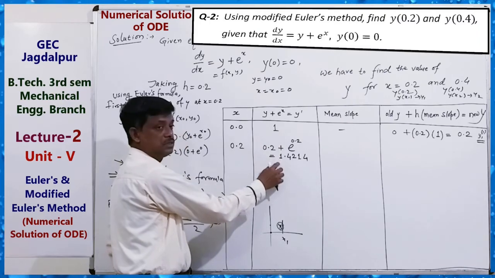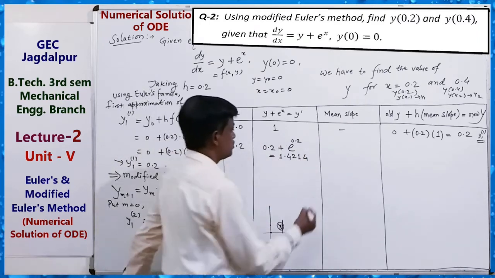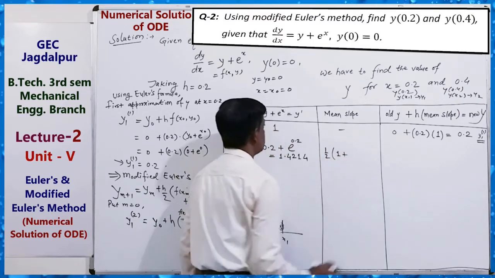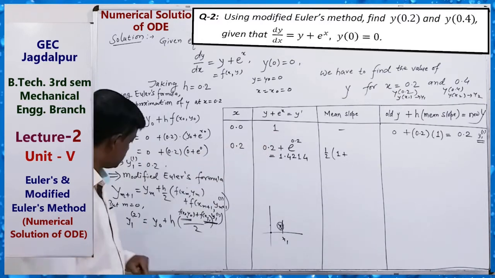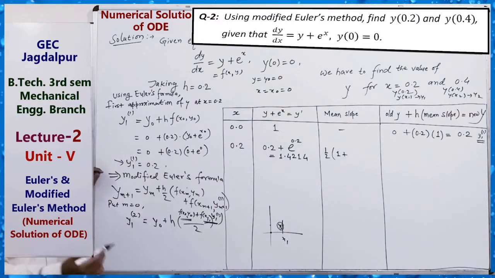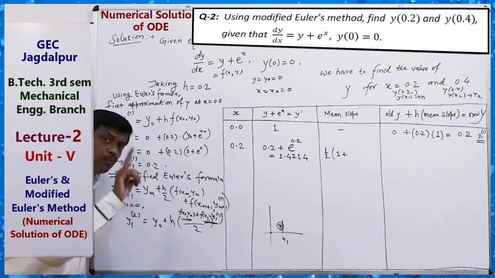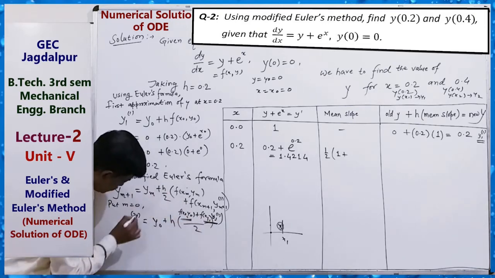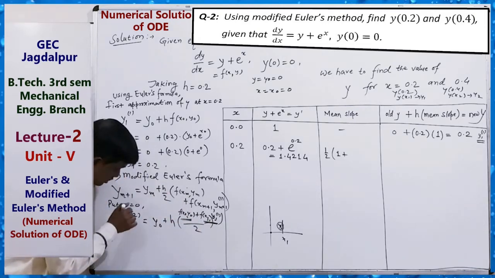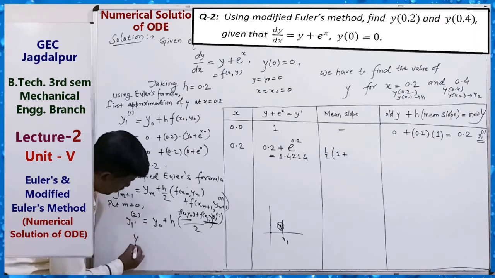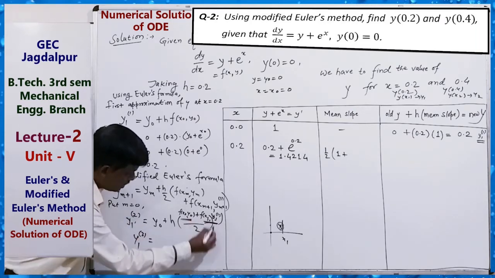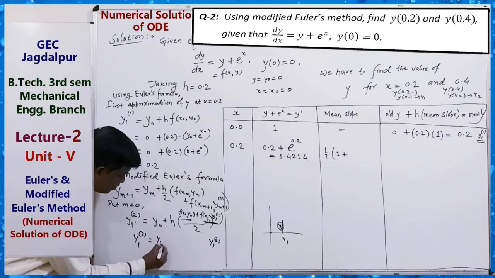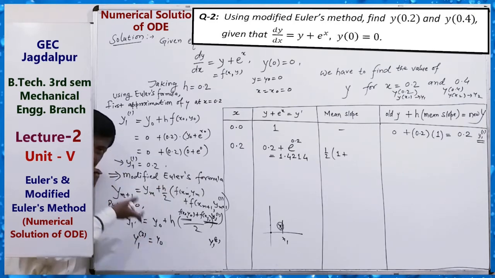So 1 plus this, divided by 2, is the mean slope. The mean slope is 1 by 2 of 1 plus this. In this formula we just use the previous value of y. That y1 second approximation will be used in the next step for the y1 third approximation, and the remaining thing is the same, y0. We use this repeatedly.